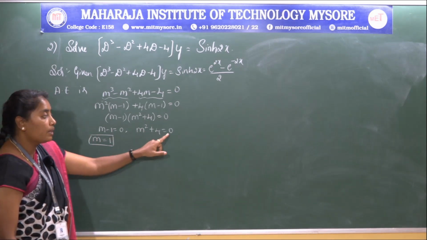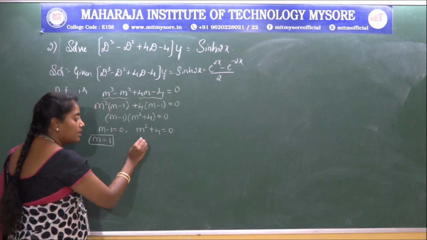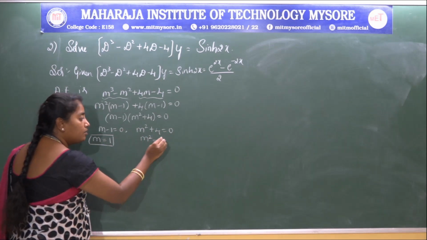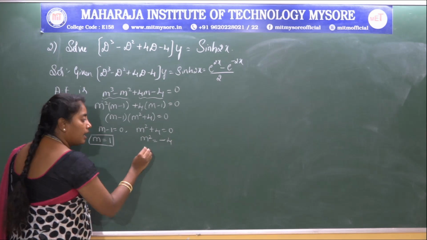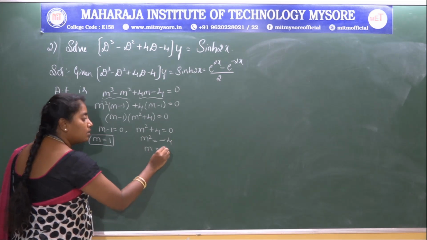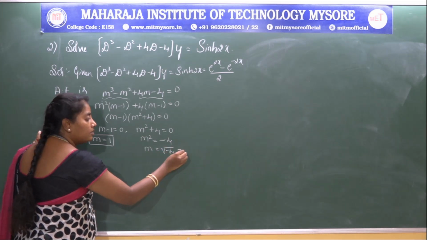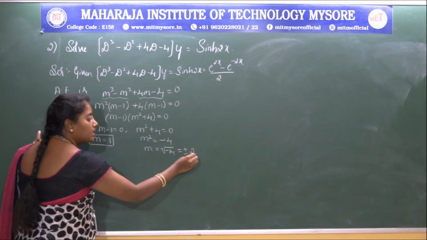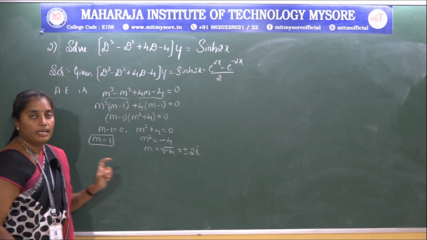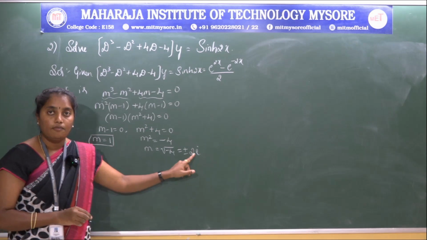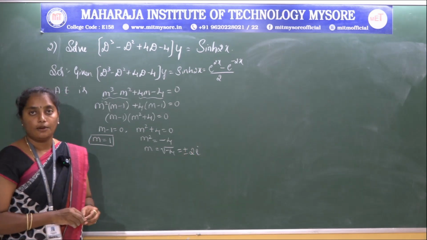Here we have m square plus 4 equal to 0. Then m square is equal to minus 4 and m is equal to root of minus 4, which is equal to plus or minus 2i. It is a complex element with the real term equal to 0.